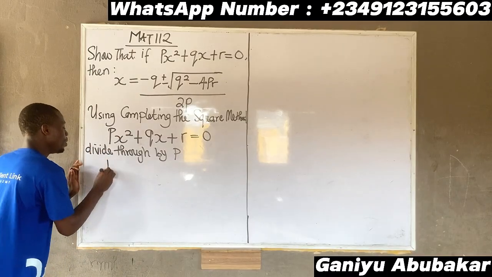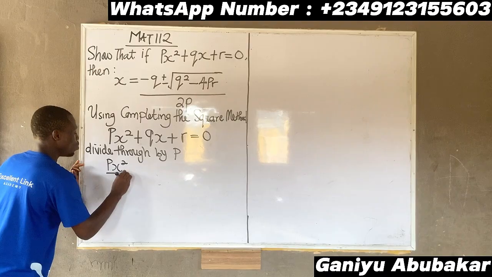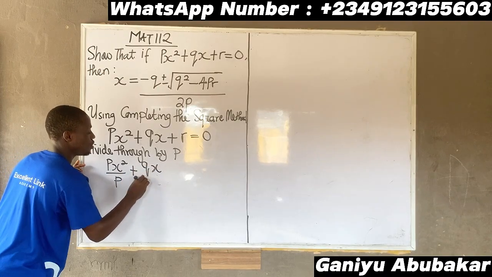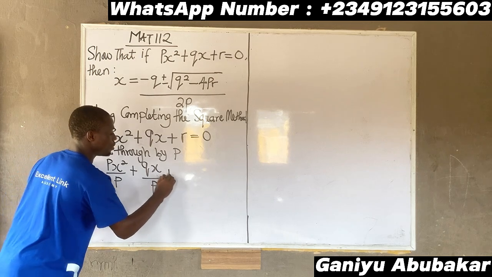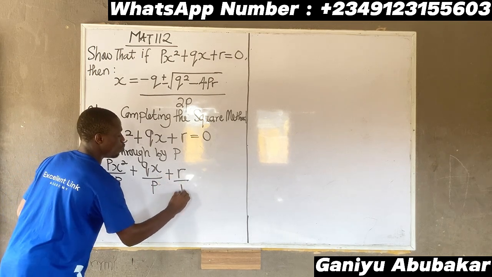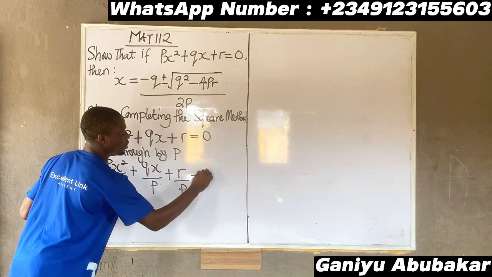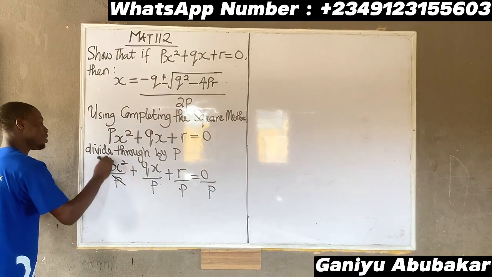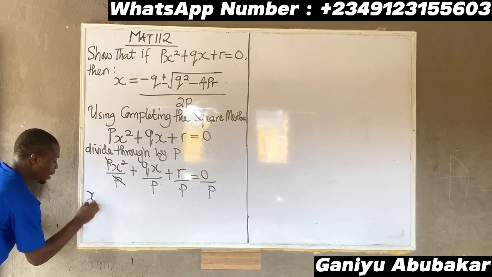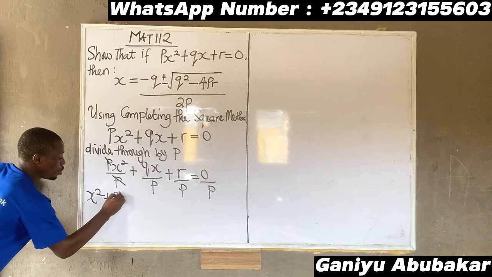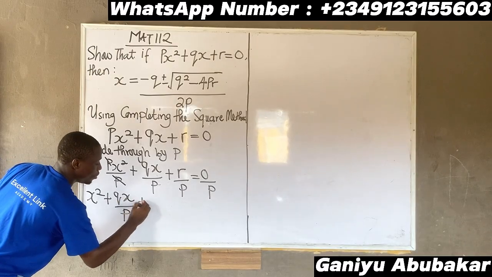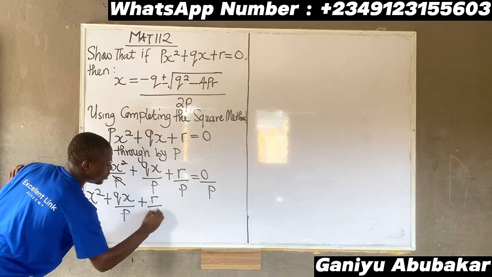That gives you px squared over p plus qx over p plus r over p equal to 0 over p. Of course, this p will cancel this p. What I have left is x squared plus qx over p plus r over p equals 0.